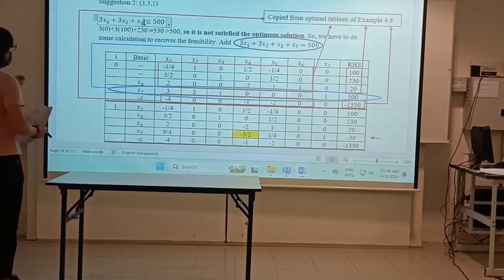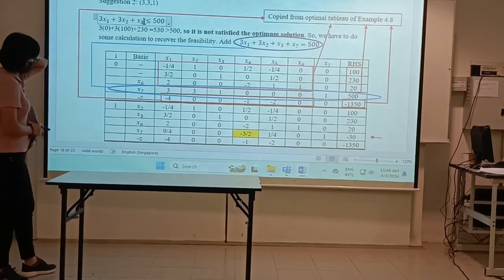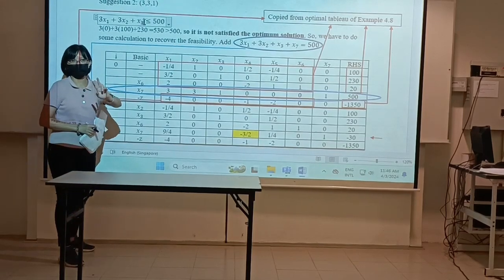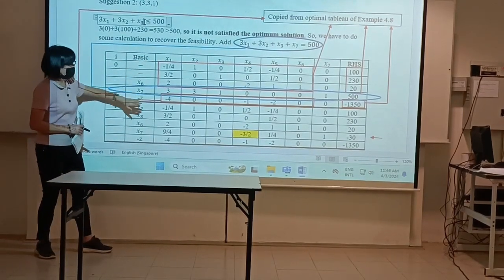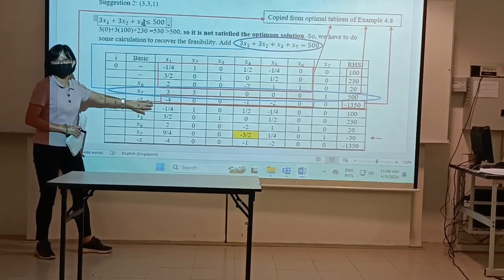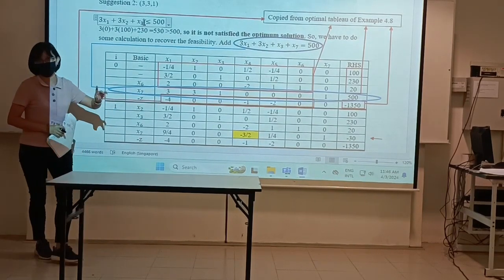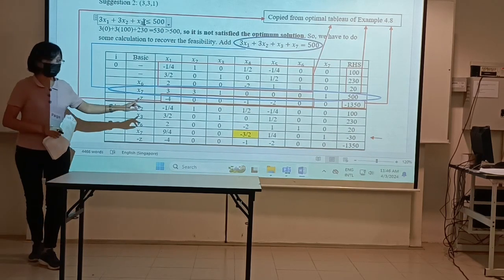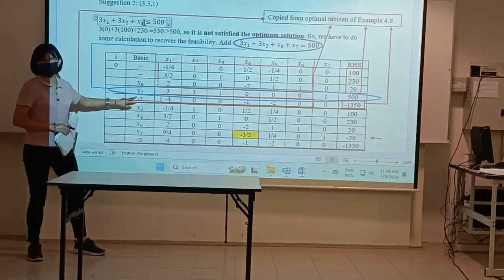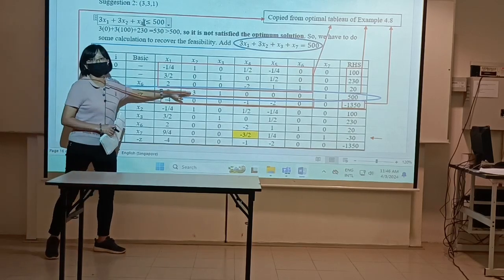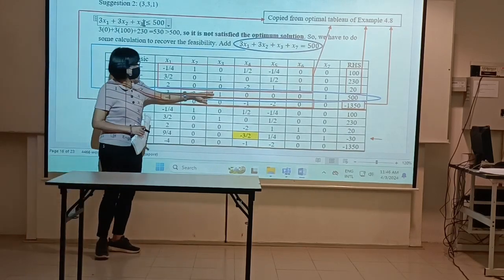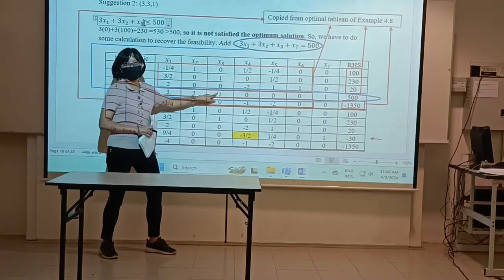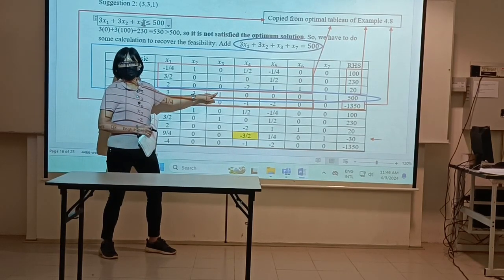Right now, for the big M method, we copy everything except the Z row, because we want to find a new value for the Z row. But for this, we copy the Z row as well, except this one, which we cannot copy. Because right now our purpose is to make this one equal to 0 and also this one equal to 0. See?